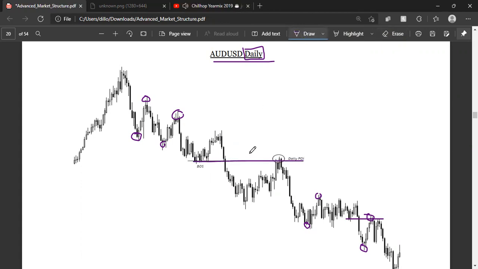Let's say in this area here, we had 2 points of interest, here and here, right? And which one is it? Which one will it be?